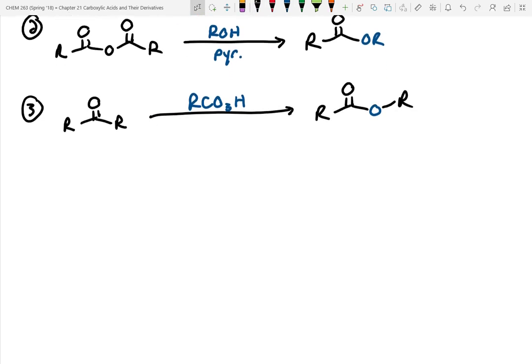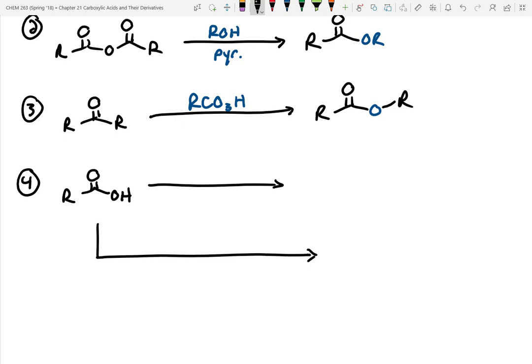All right, the fourth one we have is with carboxylic acids. We can convert a carboxylic acid to an ester actually two different ways. So I'm just going to show these both. Oops, it should be OR.